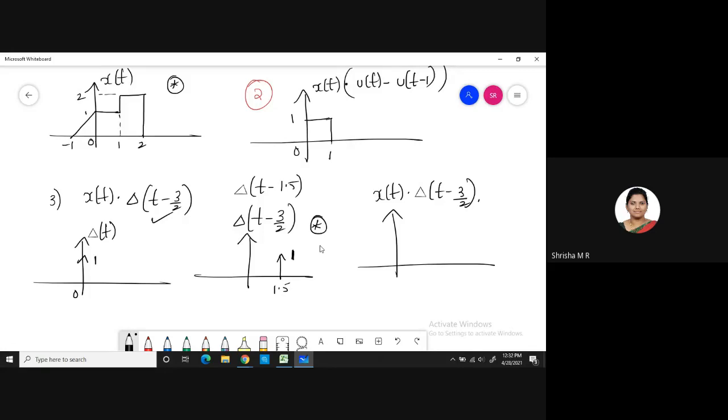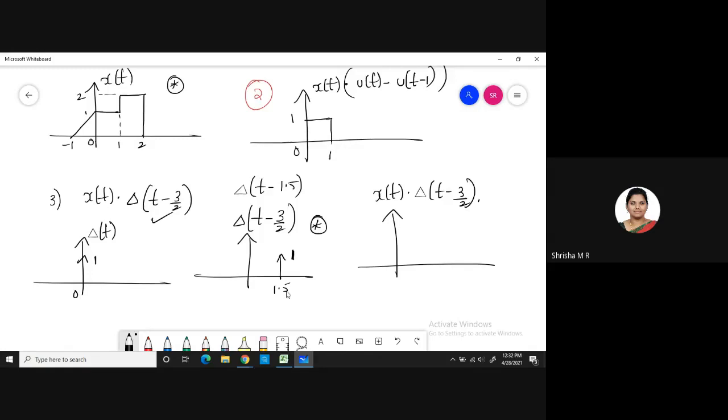Where is 1.5? It is in between 1 and 2. What is the amplitude at that 1.5 in x of t? 2, ma'am. So it is 2, right? So for this waveform, where will this exist?